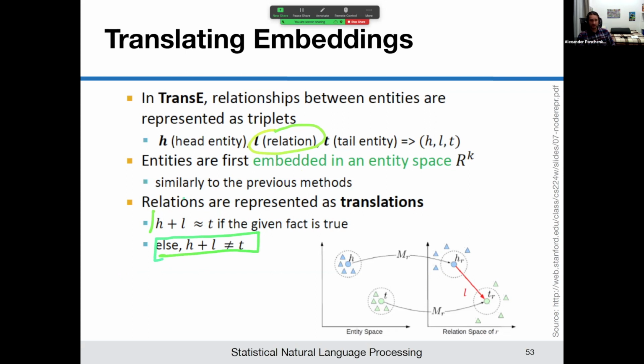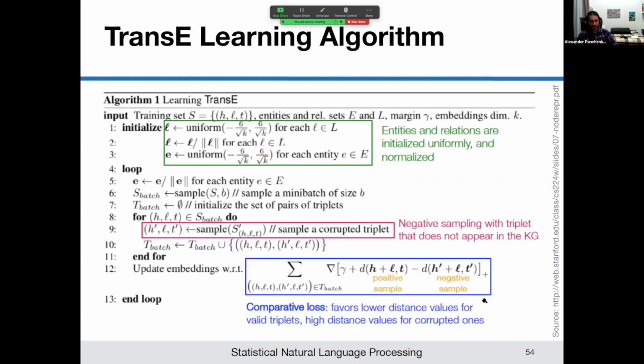Let's say Michael Jordan plus was born in should not be equivalent to St. Petersburg, because it should be a different entity which is present in the knowledge base. And the algorithm TransE implements this idea in a simple way.